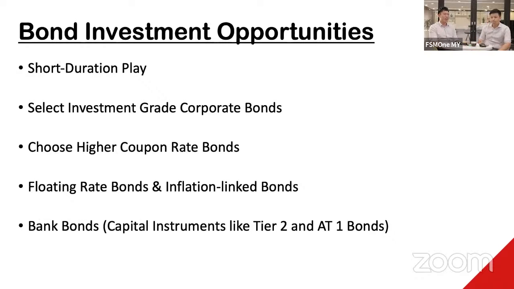I think throughout the years, what we have been investing in is fixed rate bonds, because at that time it was a very low interest rate environment. That's why people tended to lock in the rate, because the rate is your cash flow here. But in this case it is the completely opposite, because we are experiencing an interest rate hiking environment.